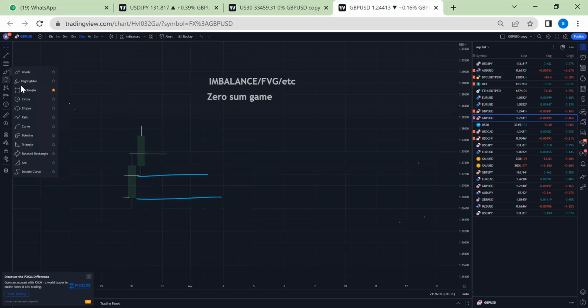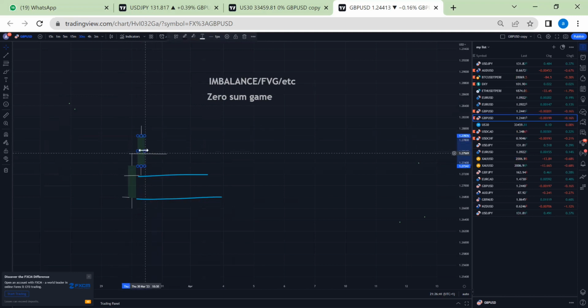So when the next candle is about to form, it is going to start forming at the exact close of this one, right? But now we expect the wick to at least cover up the imbalance.